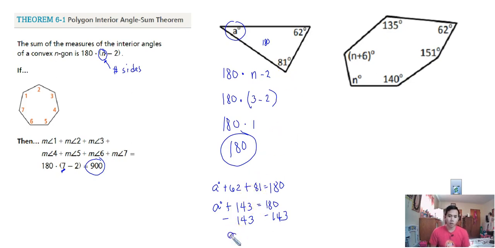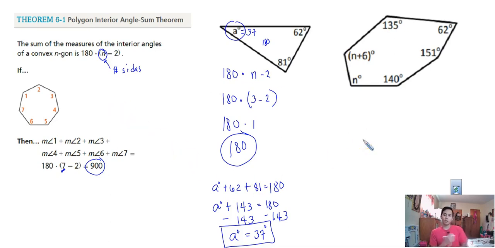So a is equivalent to 37 degrees. If you add all these angles, it will give you 180 degrees, because of this theorem that we have here.